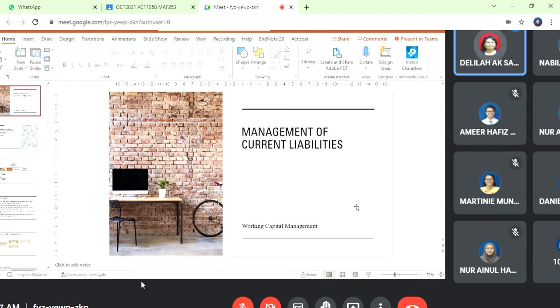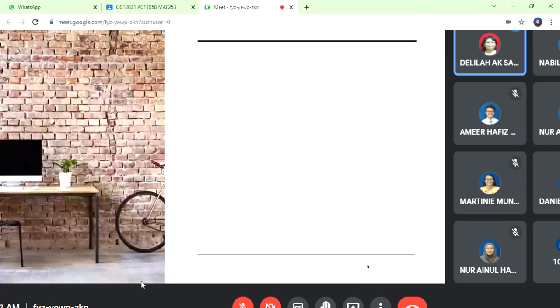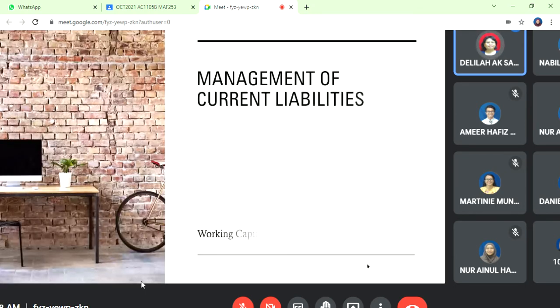Now this is the next component of working capital management, which is managing the current liabilities of the company. When we look at the management of current liabilities, you need to look at several items which we consider to be current liabilities.